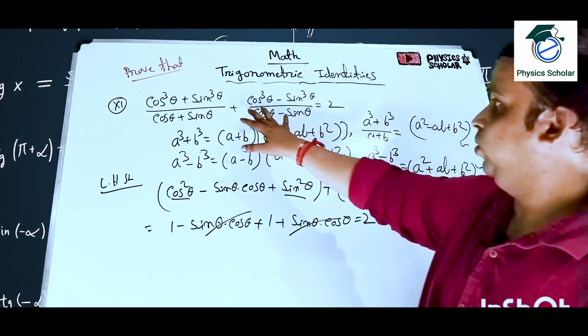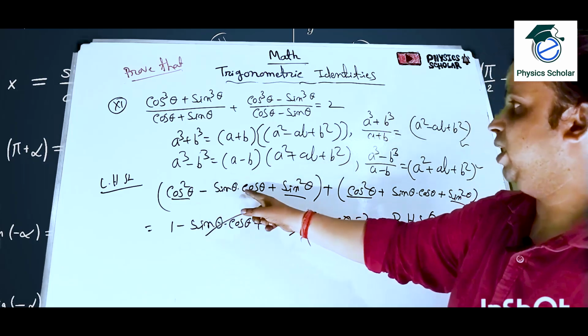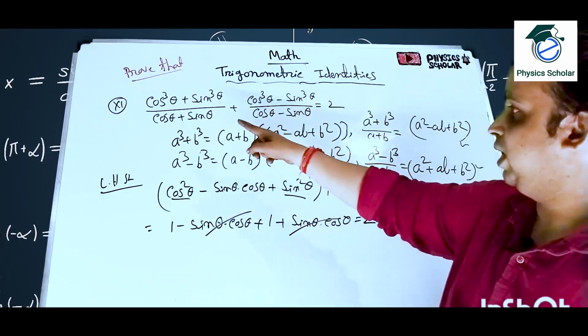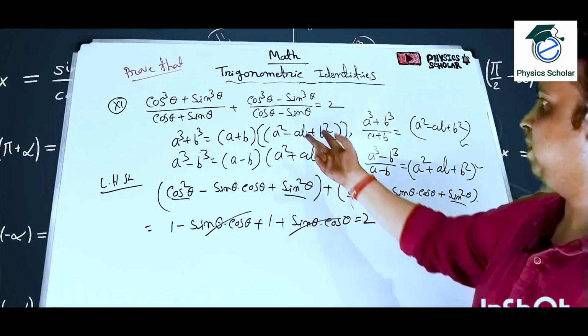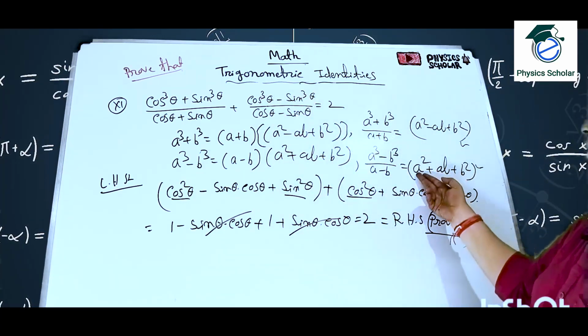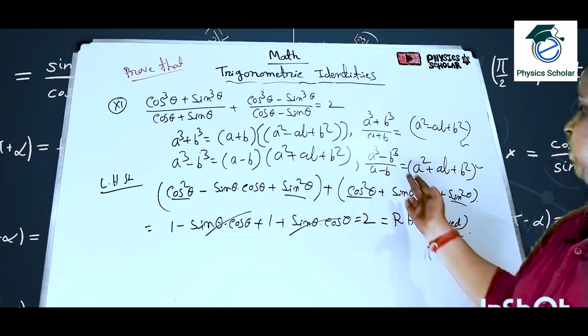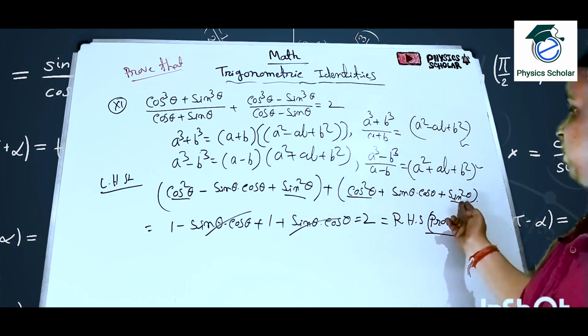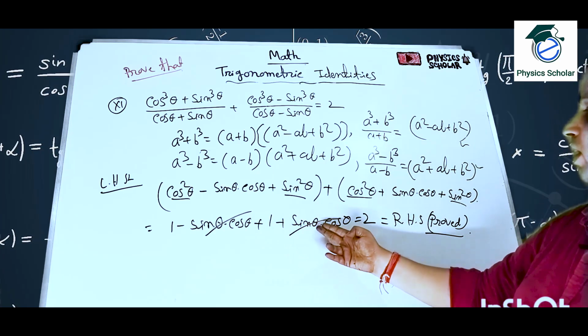So a² means cos²θ, minus ab means sin θ into cos θ, plus b² means sin²θ. And this we can write in the form of this: a² means cos²θ plus ab means sin θ into cos θ plus b² means sin²θ. So now 1 minus sin θ cos θ plus 1 plus sin θ cos θ.